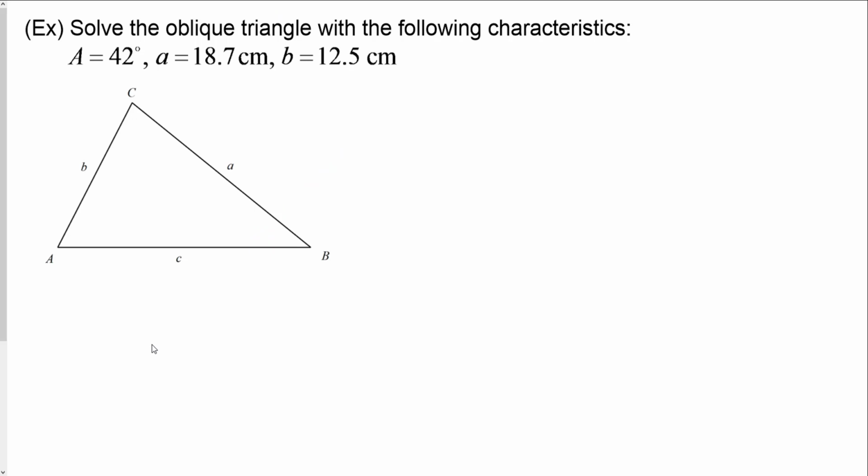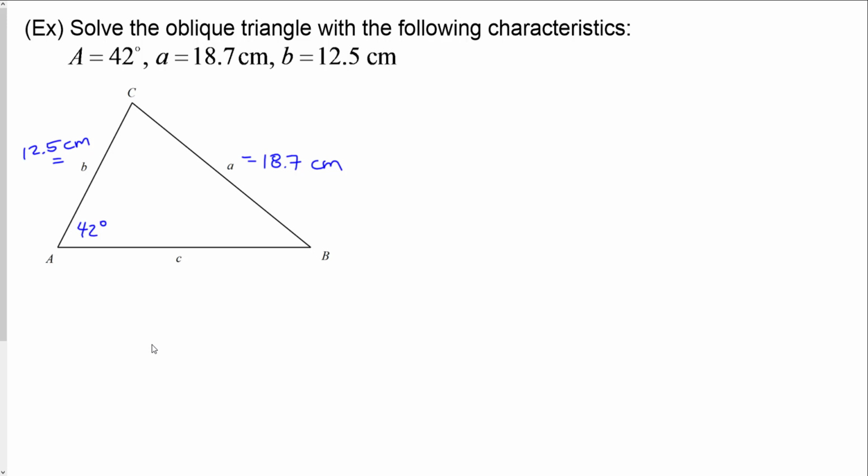You don't need an app like that to actually work these through. You can just use what we've learned with the law of sines, and you can figure these out otherwise. So let me show you what's happening. So angle A is 42 degrees. Side A is 18.7 centimeters, and side B is 12.5 centimeters.